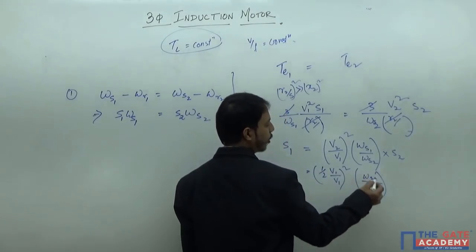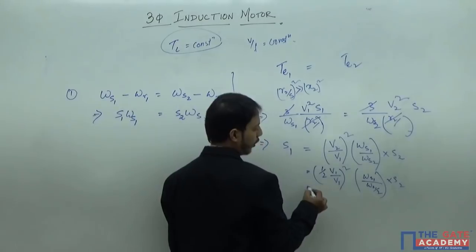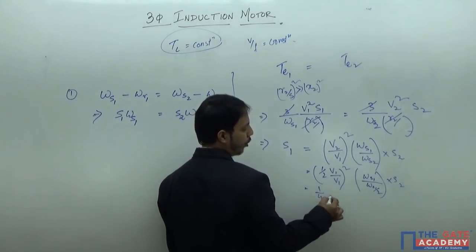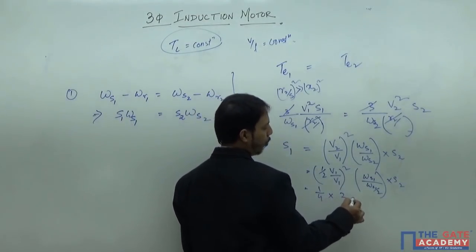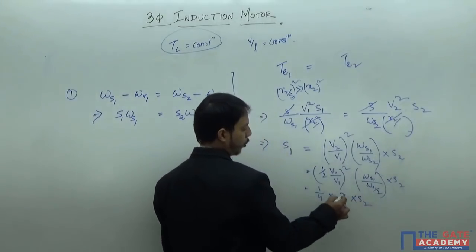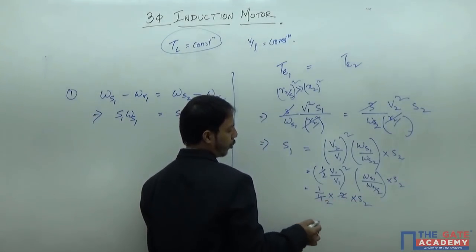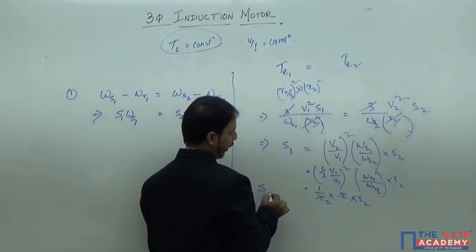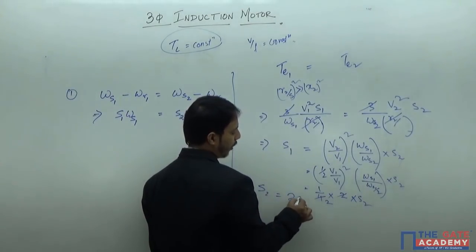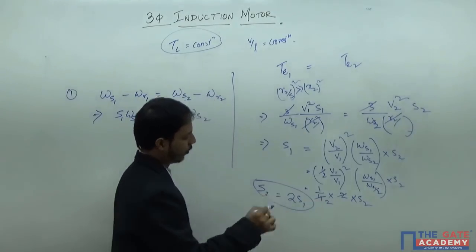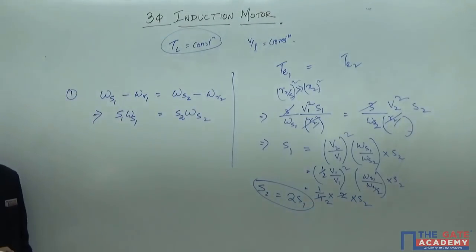That means this is twice. So 1 by 4 into 2 into S2. So S2 is nothing but 2 times S1. This is what we have proved.